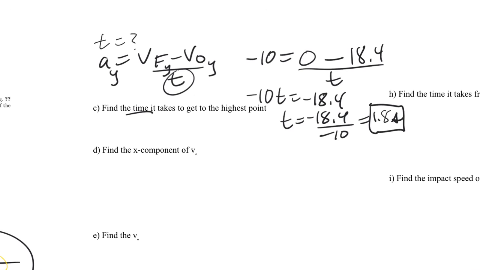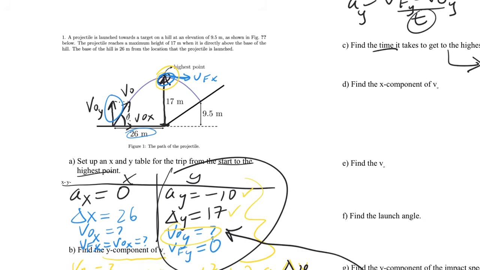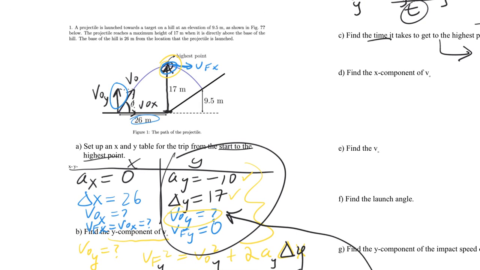Now find the x component of VO. Well, now that I got time, I can do anything. So I'm going to go to the x side and we're trying to find VOX. I got A, I got delta X, and I got VFX, which is the same thing as VOX, but I also have time because I just found it.